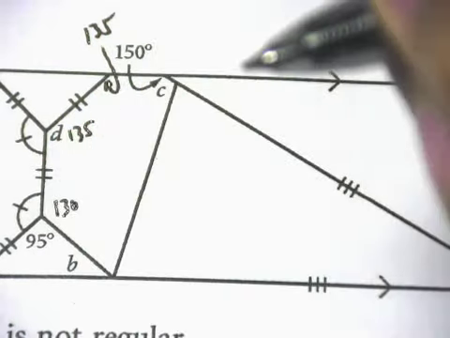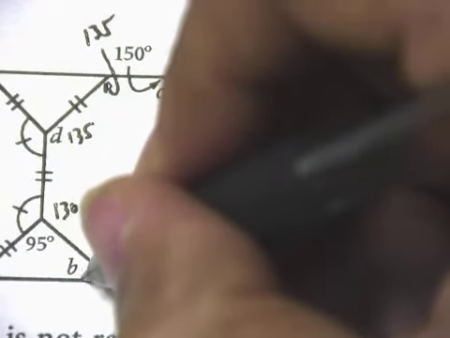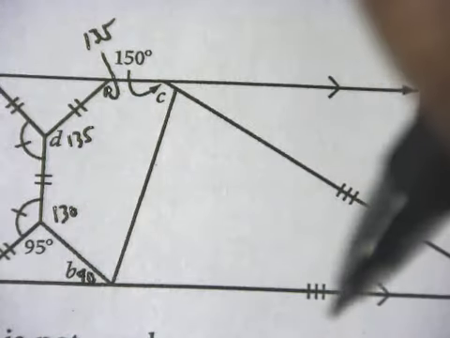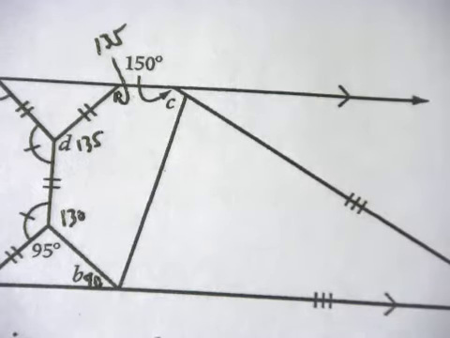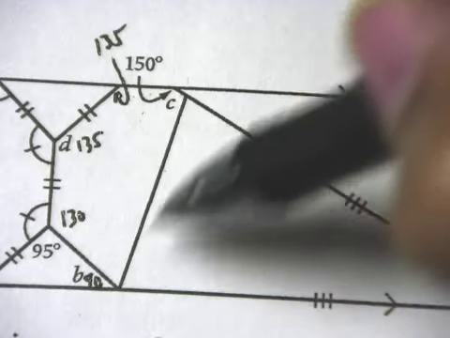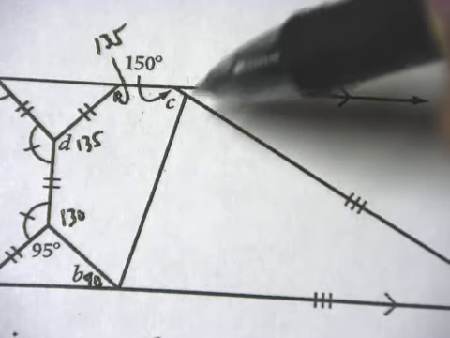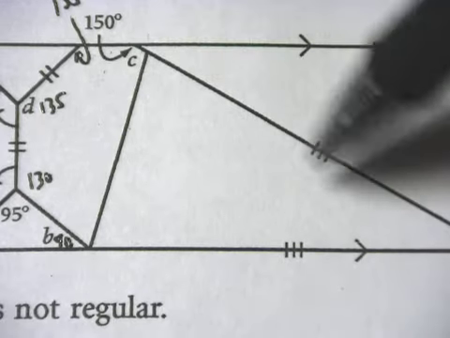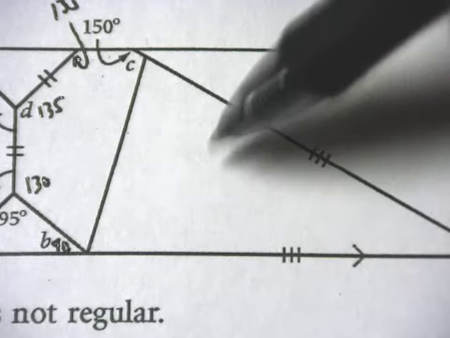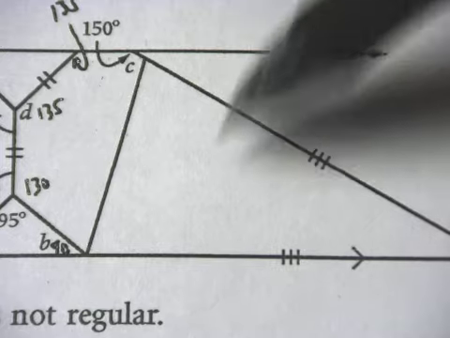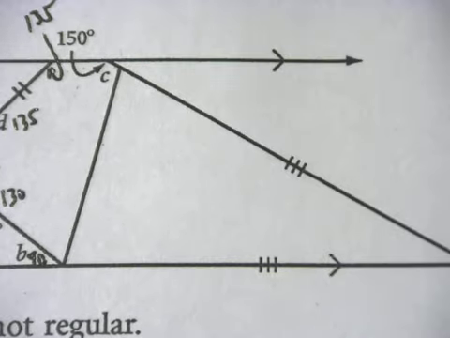Okay, so yeah, this right here is 150. I'm looking for the measure of angle C, which is this angle right there. I got some more information here about these other angles. Let me fill this in. I know that this right here is 135, right? I know that D is also 135.